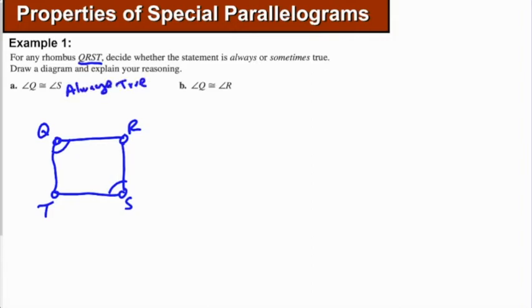And we'll look at the next one where we say, well, angle Q and angle R, they are not opposite angles, they are consecutive angles. And the only time that will be true is if QRST is a square, because we said a square is a type of rhombus that is also a rectangle. So this is sometimes true.